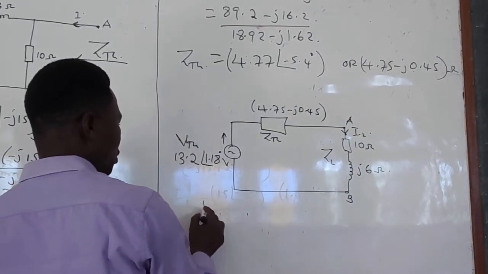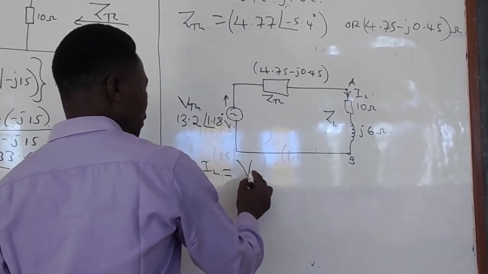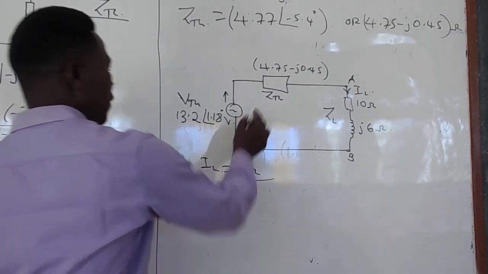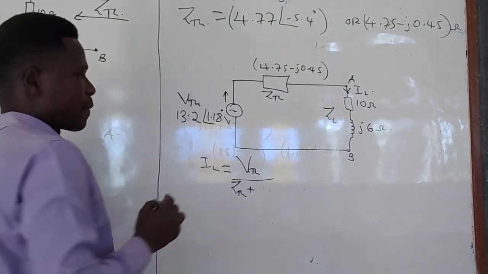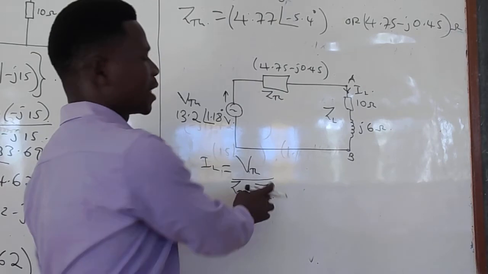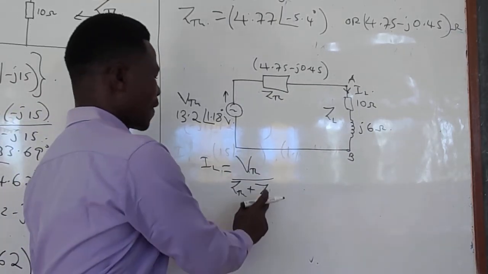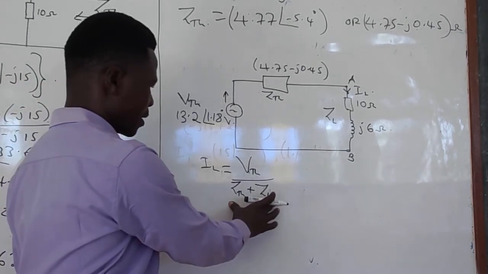So the current across the load will now be equal to the Thevenin's voltage all over the Thevenin's impedance plus the impedance across the load. So we have the two impedances, that is Thevenin's impedance and the impedance of the load, in series. That's why we add.